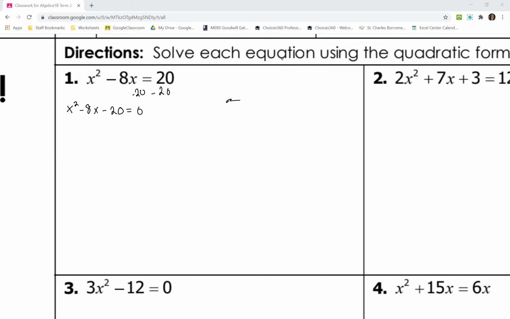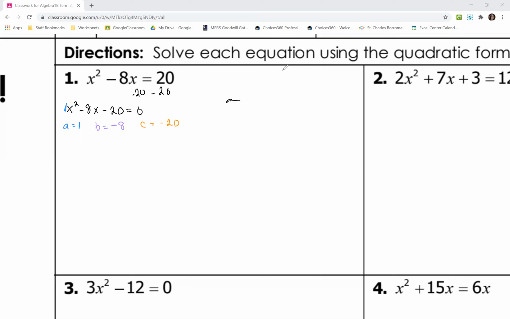Okay, now let's take some time to identify what's my a. Well, my a is that number in front of the x squared term, so it's just 1 since I don't see anything. My b is -8, it's that number in front of my x. And my c is -20.